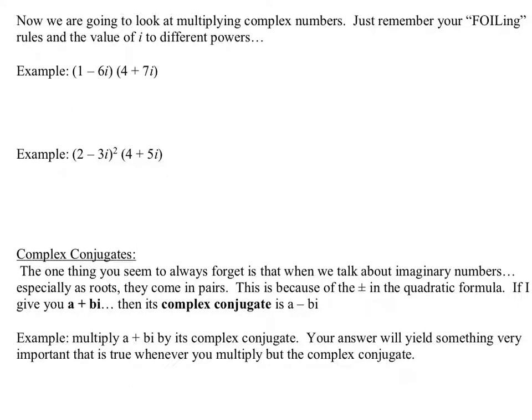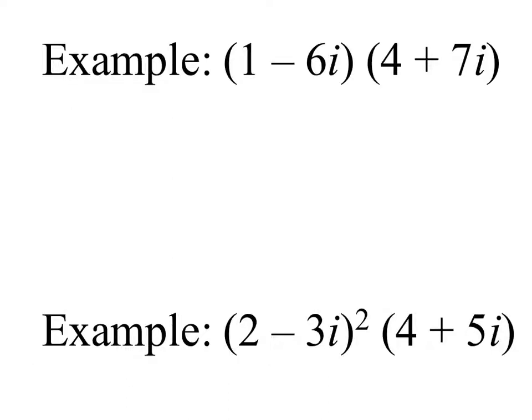So let me make this bigger so you can see it better. Okay, so for example 1, we have 1 minus 6i times 4 plus 7i. And we're just going to use our FOIL. So we're going to do first times first. So first times first is 4.